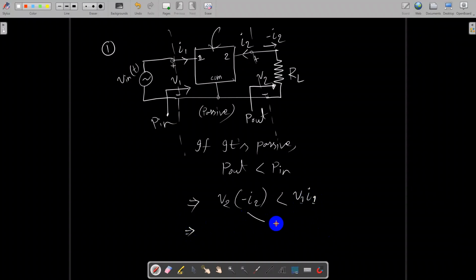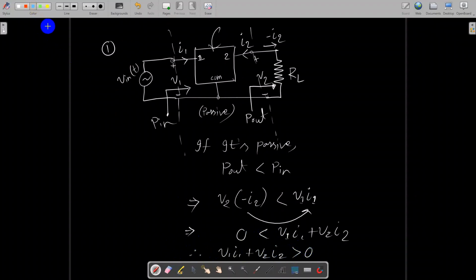Okay, so now we can move this one to this, and this is V1 I1 plus V2 I2, which is greater than 0. So we can say that V1 I1 plus V2 I2 is greater than 0.